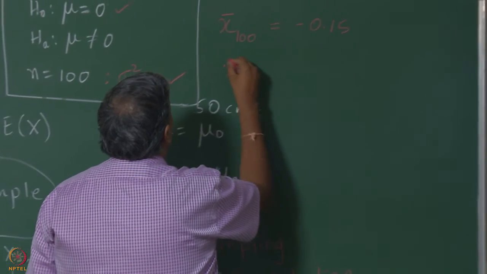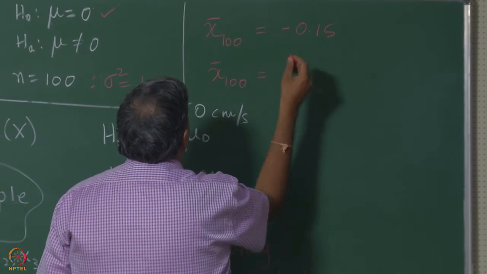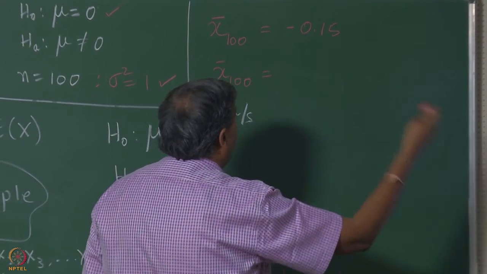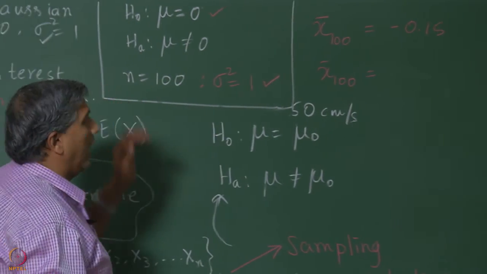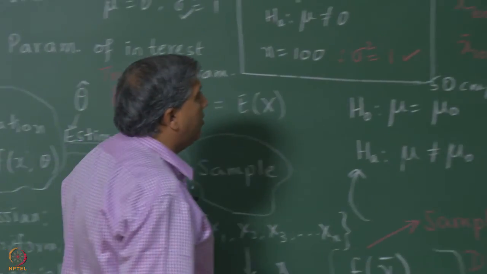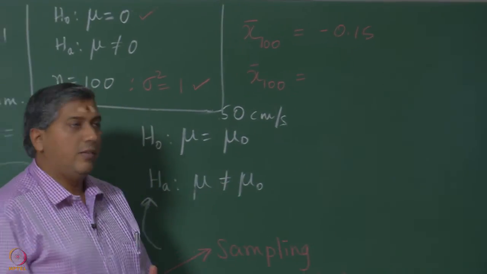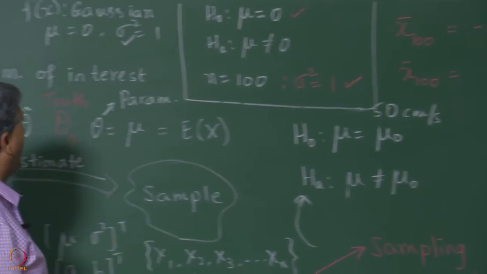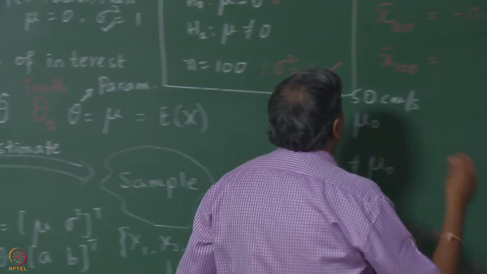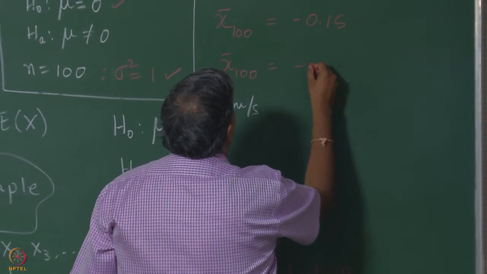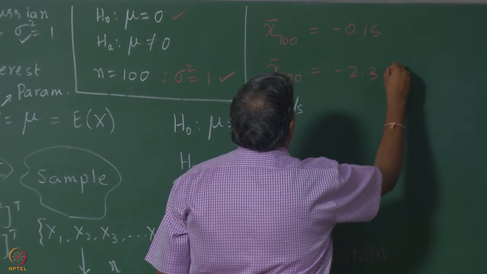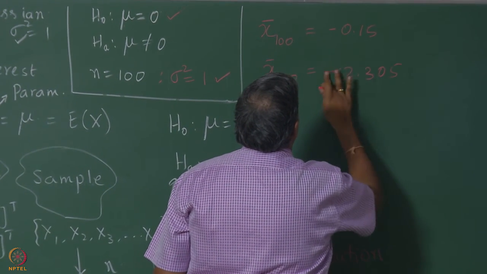But on the other hand, in some other weird experiment for the same process, there may exist one realization. It is possible that when the days are bad and so on, you may end up with some sample such that this turns out to be minus 2.305 or plus 2.305.